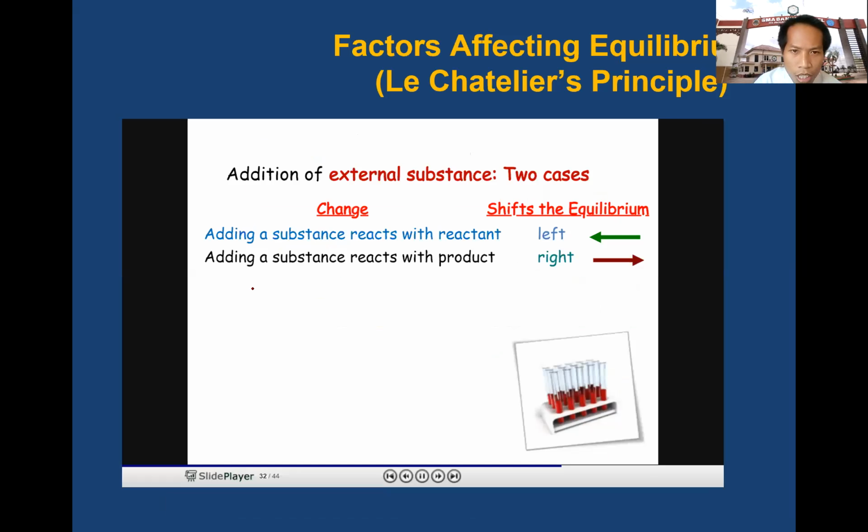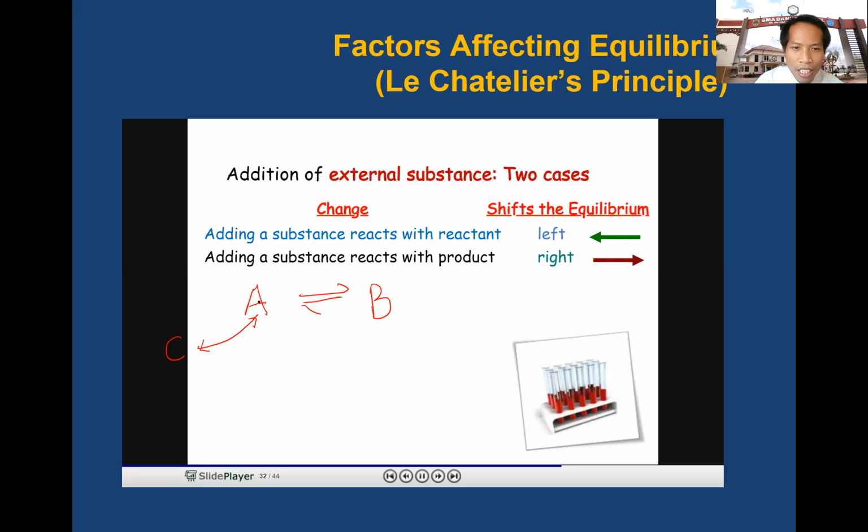For example, if I have a reaction between A, let's say that A is in equilibrium with B, like this, I can add C, for example. And this C is reacting with A.